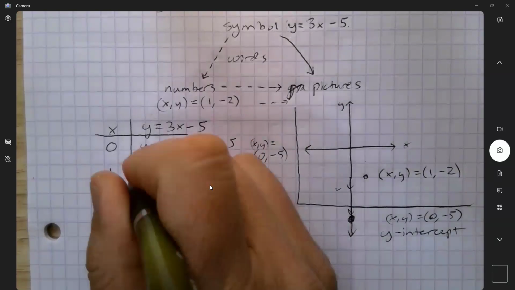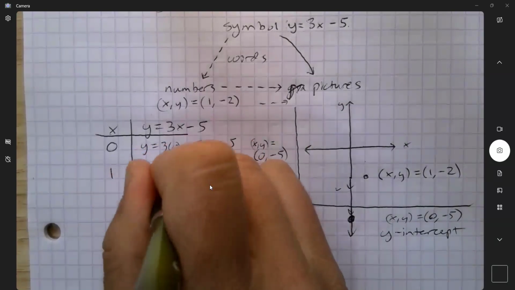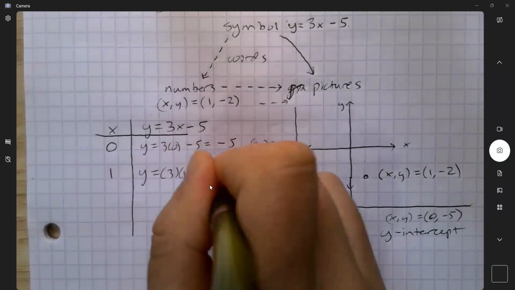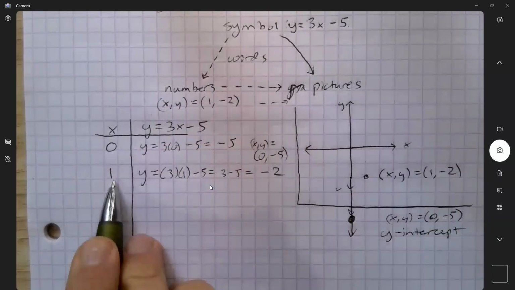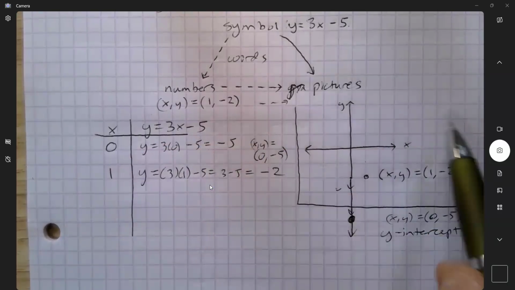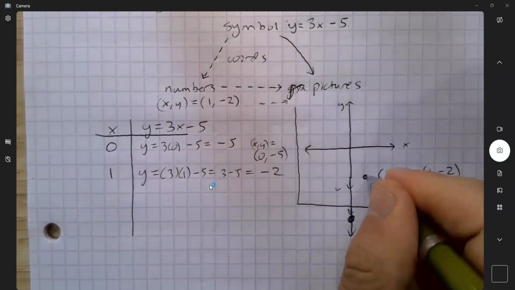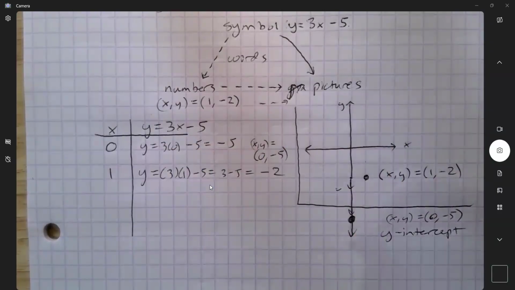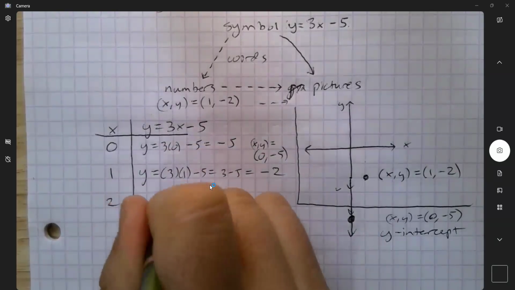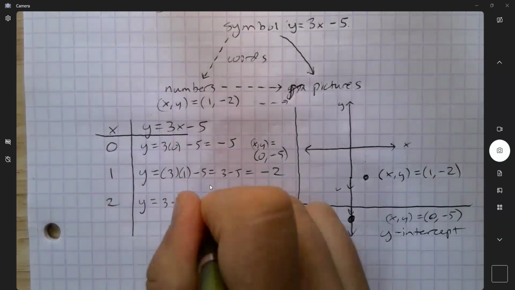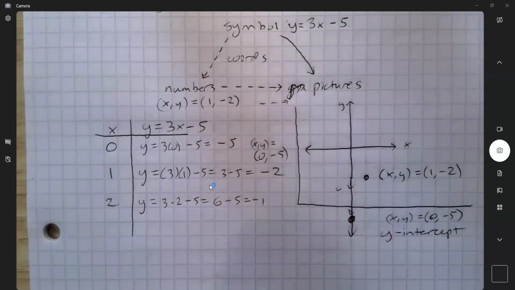All right, x equals 1 gives us y equals 3 times 1 minus 5, which is 3 minus 5, which is -2. There we go. x equals 1, y equals -2. There's that point right there. And let me just do another point. 2 is a pretty easy number. 3 times 2 minus 5, that's 6 minus 5, or +1.